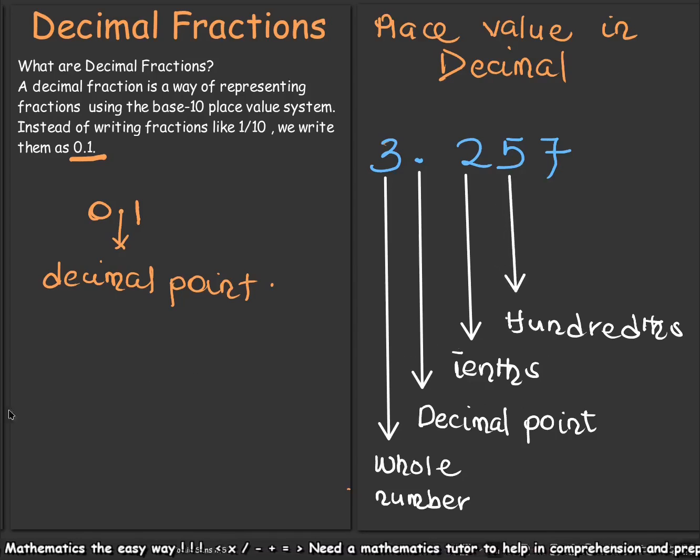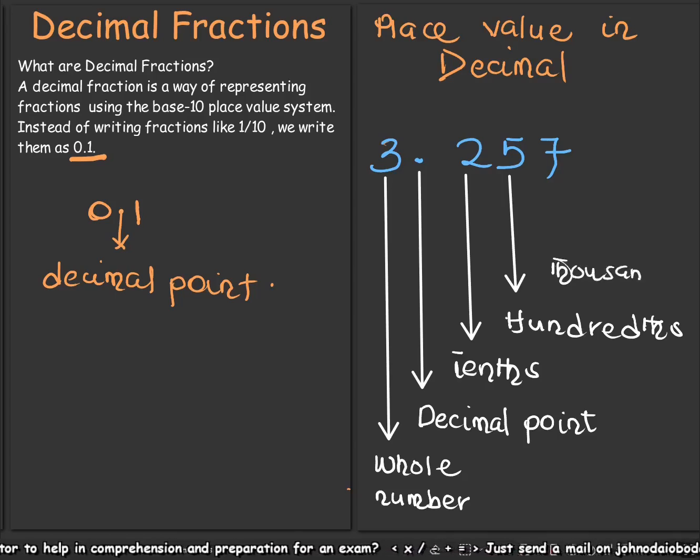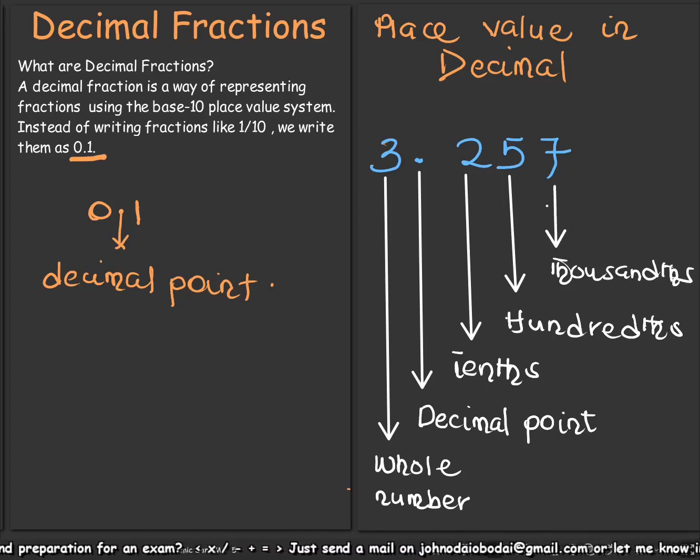So it goes on and on. By now I do hope you can see the trick. From tenth, hundredth, from hundredth, where do you go to? We go to the thousandth, so 1000. That will be the place value of the next digit, which in this case is our 7 over here.